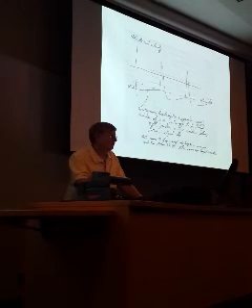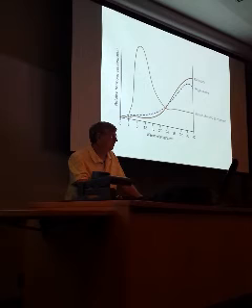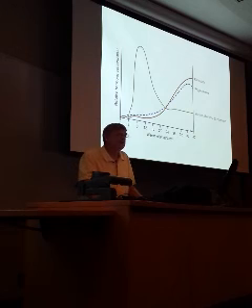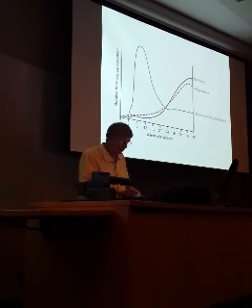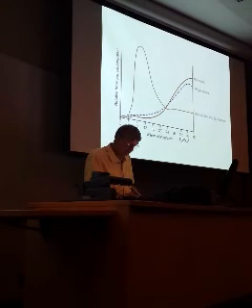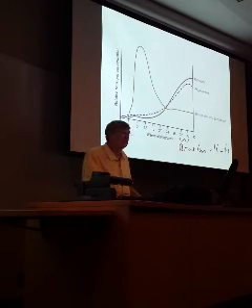In this 34 to 36 week period, these are called Braxton-Hicks contractions. This is also known as false labor.